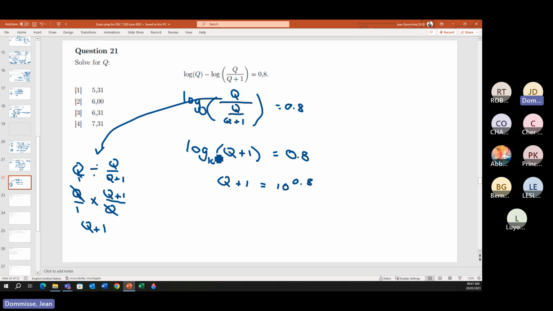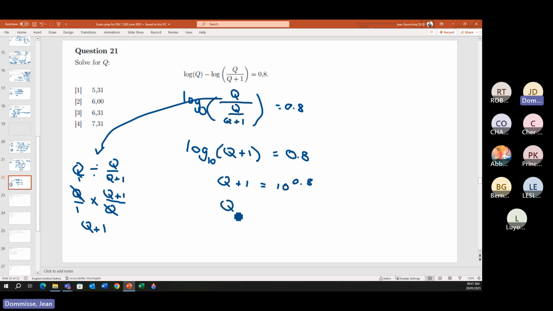So to get rid of the log, we need to raise 10 to that power. If we bring that 10 in, the log would have disappeared, but then the 10 needs to be on the other side as well. So now you can work with this.